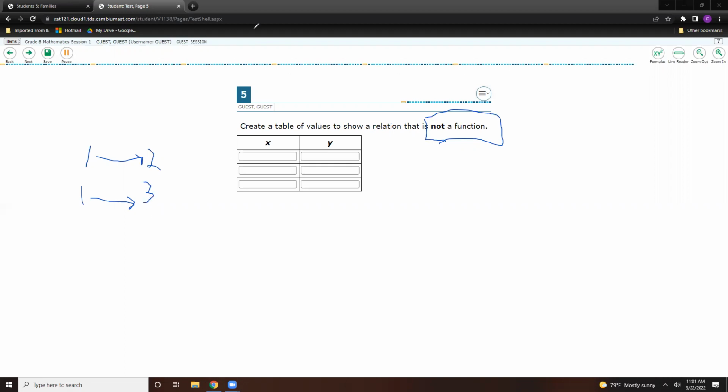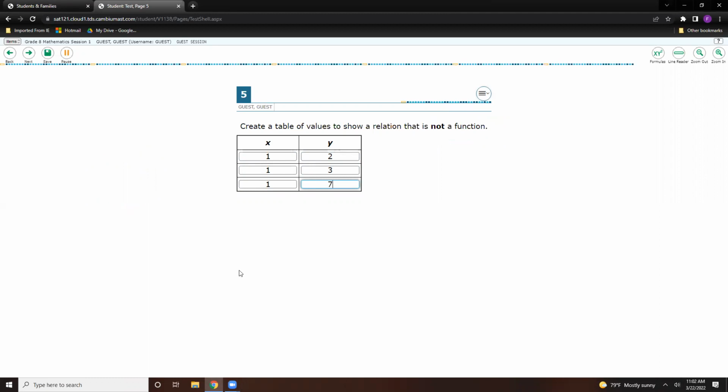So that's exactly what I'm going to type right there. If I put a 1 here, that has 1 output 2, 1 cannot give me any other output. Let's say the function was add 1 to the value of x. If I add 1 to 1, it's going to be 2. It's not going to be 3. And it's not going to be 7 or anything else. Let me clear my drawings.